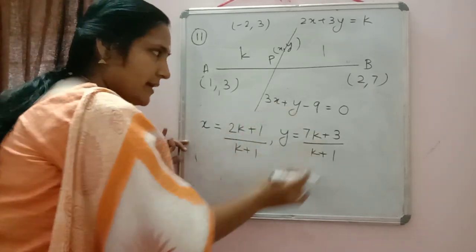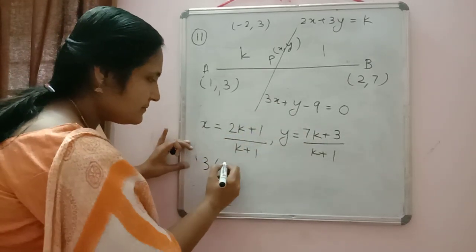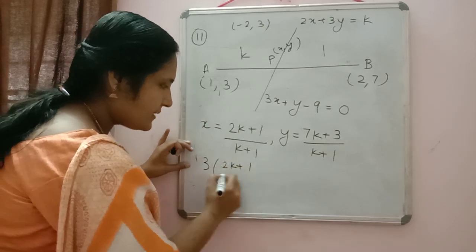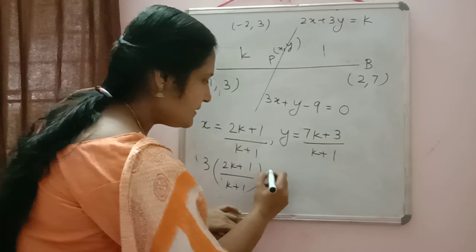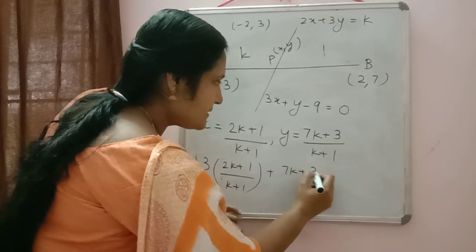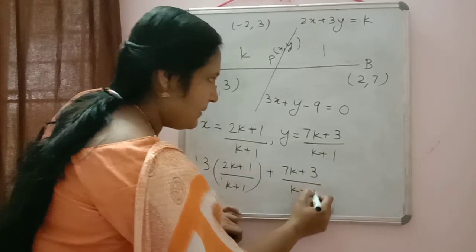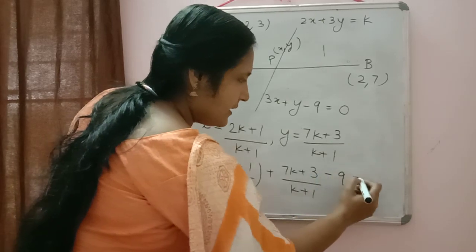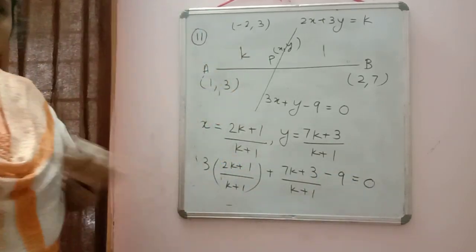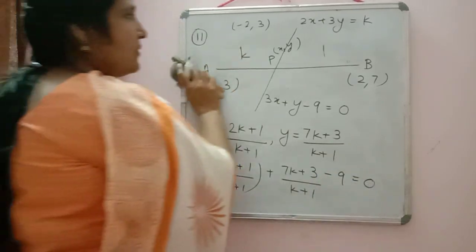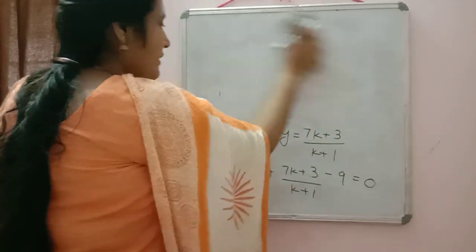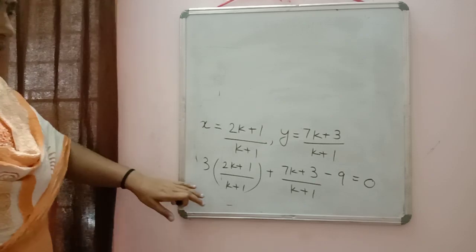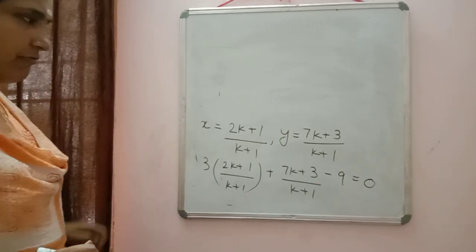So 3 into (2k + 1)/(k + 1) plus (7k + 3)/(k + 1) minus 9 is equal to 0. What we did was calculate the x coordinate and y coordinate of P and substitute them in the given equation of the line.